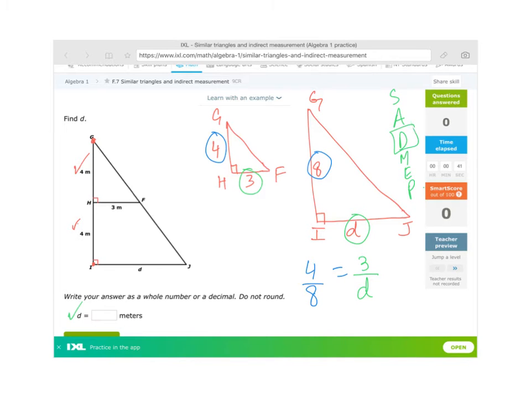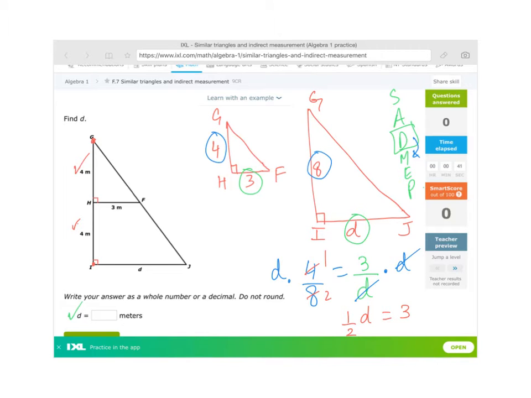We see division. So what's the opposite? Multiply. So let's multiply D on both sides, right? These two D's will cancel. So now we have D times half, because this will solve as half. So half D is equal to 3. Again, we see a division, so we are going to multiply.